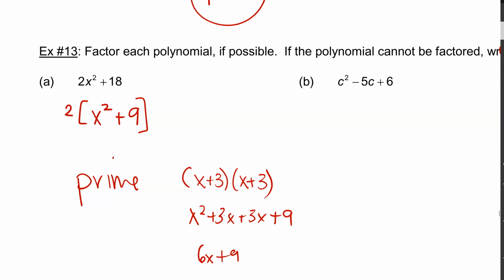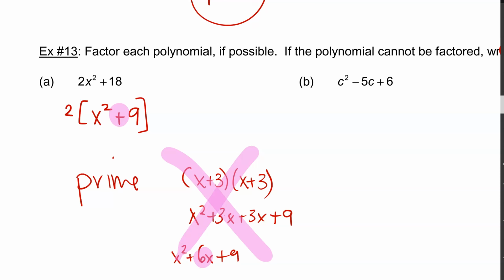We're just trying it out, and this is perfectly fine. This is a valid concern because people do this. In my pre-calc class, they mess this up. There's no 6x, so clearly that's not the answer. It's prime. I can't write it as a product of two binomials.